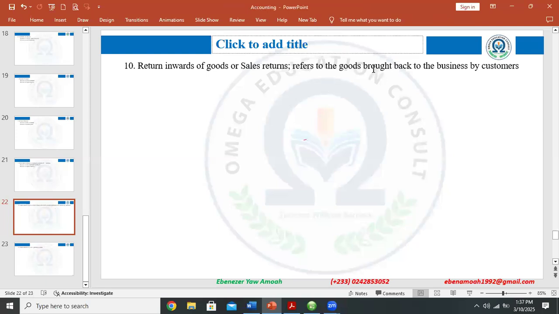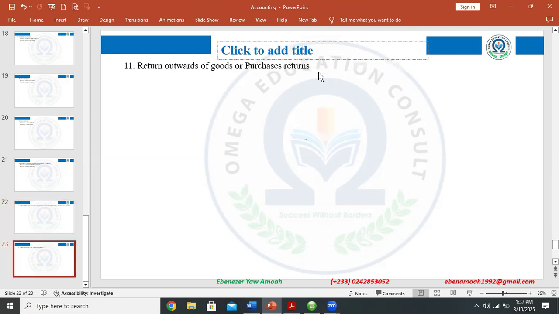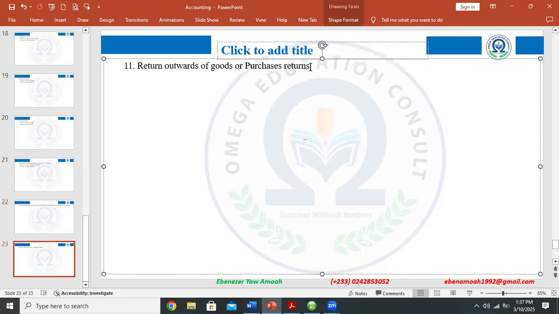So it refers to goods brought back to the business by customers. And then return outwards, on the other hand, is the amount of goods the business is sending back, so it refers to the goods the business returns to its suppliers. So I think you are cool with these two concepts: return inwards and return outwards. Yes, please. Okay. So now let's look at the effects each of them is going to have on our.